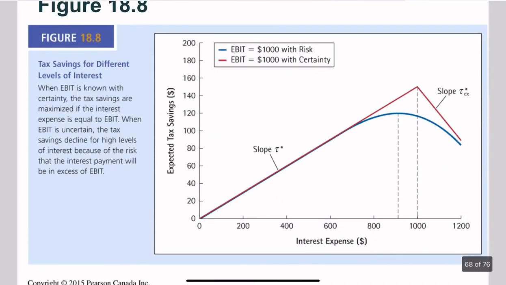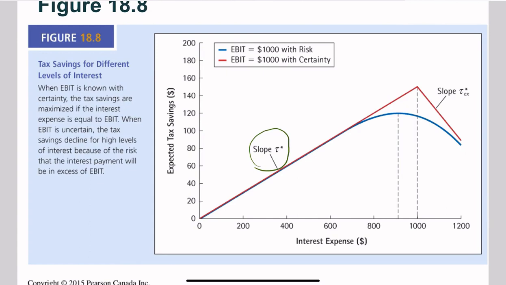So this can be summarized by the following picture here. What you can see here is first you have this red curve. So this red curve first increases and after $1,000 it decreases. Basically the slope of the curve is given by this tax advantage of debt.